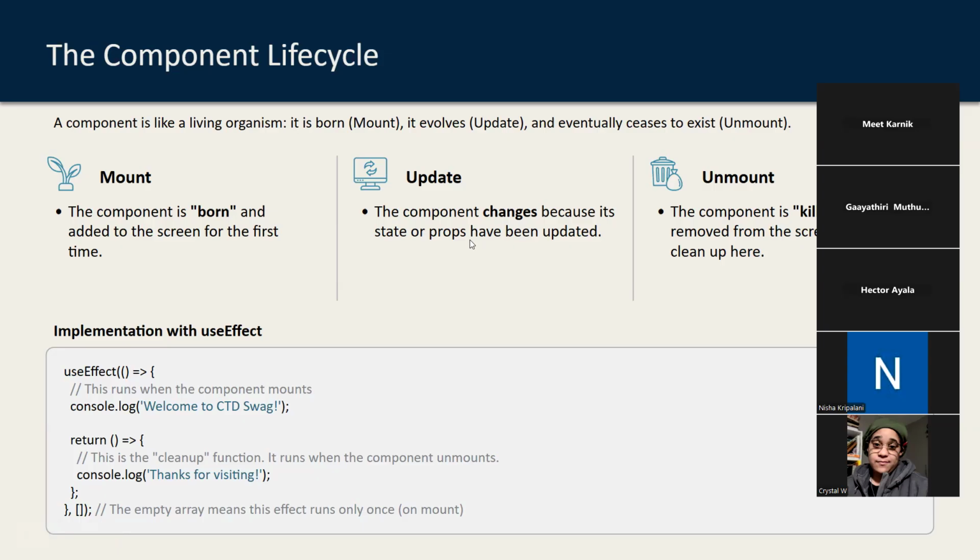The console log just runs on the mount stage, and in this case the return is the cleanup function. Once we're in the return function, this console log statement is executed, and then the empty array that you see at the last line means that the effect only runs once after the first render.